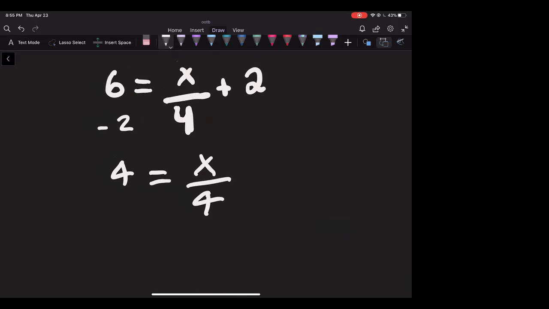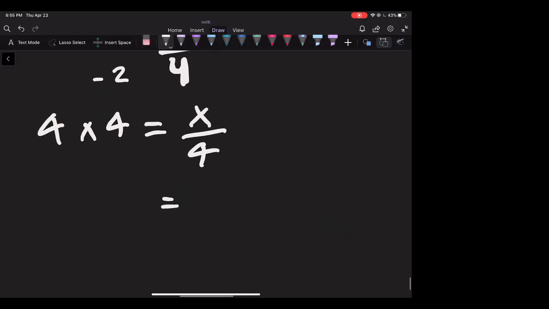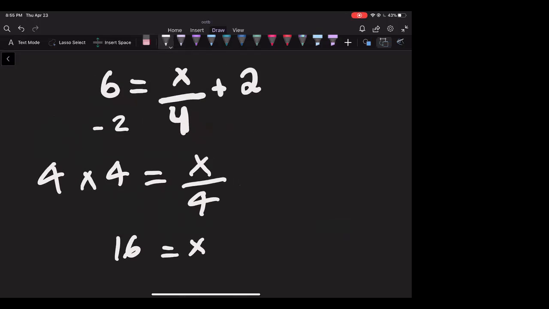No. Hold up. We're multiplying by 4. That equals 16. Because remember, if it's dividing, we have to do the opposite, right? Oh, yeah. So if it's dividing, we gotta multiply. Okay. Yeah.